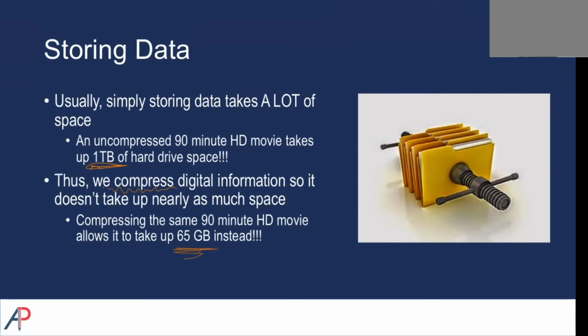And if you guys remember, 1024 gigabytes is 1 terabyte. So think about the relative amount of space that you have saved. That's like over 100 times the amount of space that you just saved just by compressing.